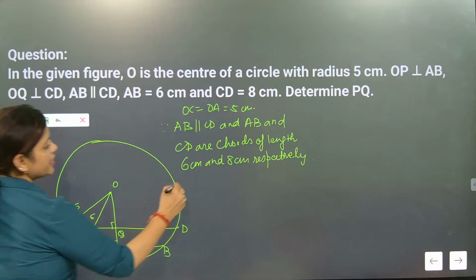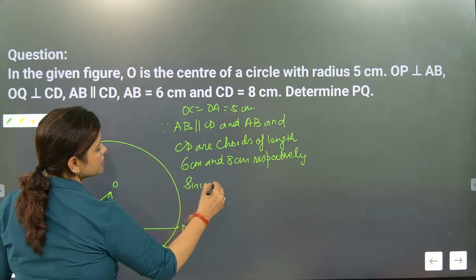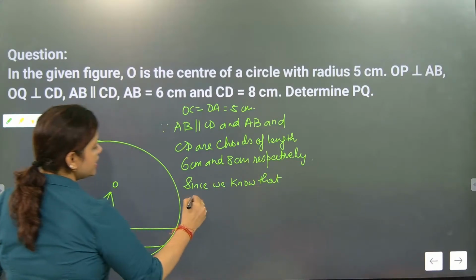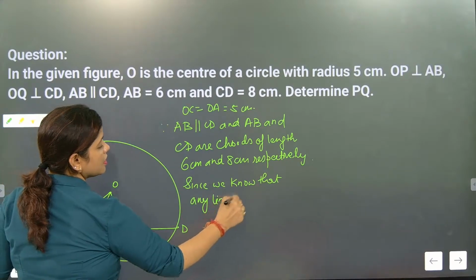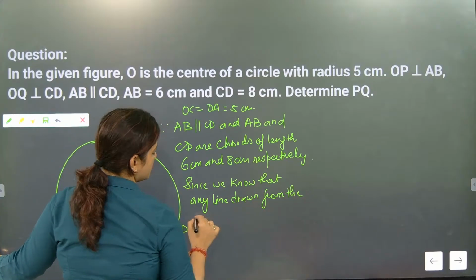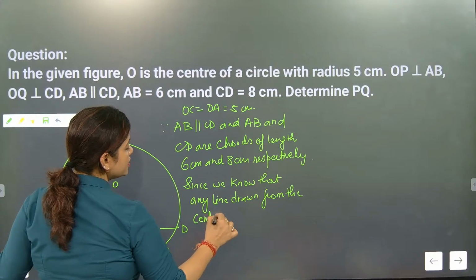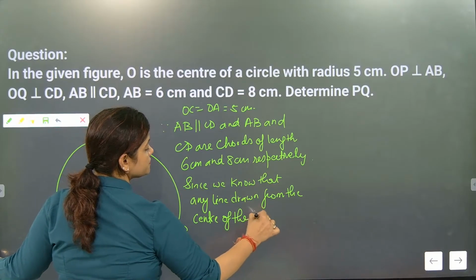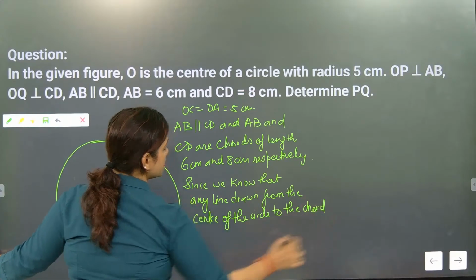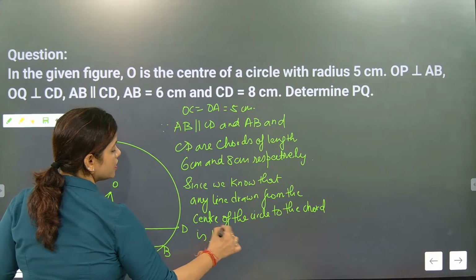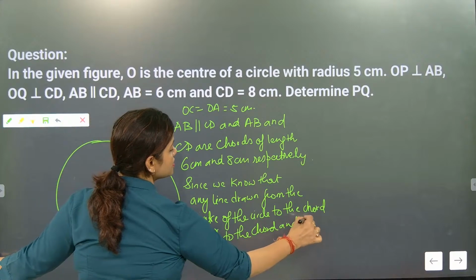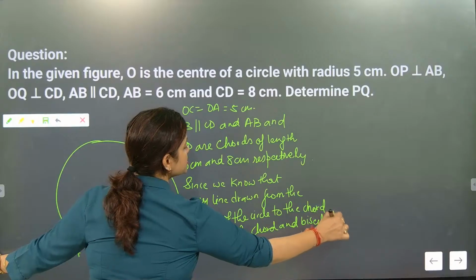Now we know that any line drawn from the center of the circle to the chord is perpendicular to the chord and bisects the chord.